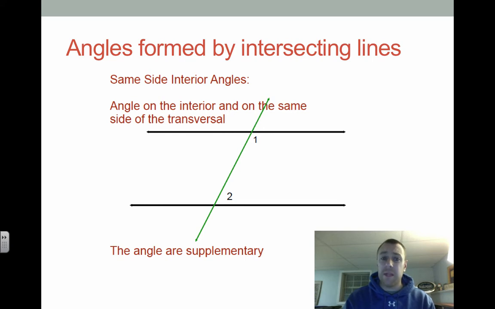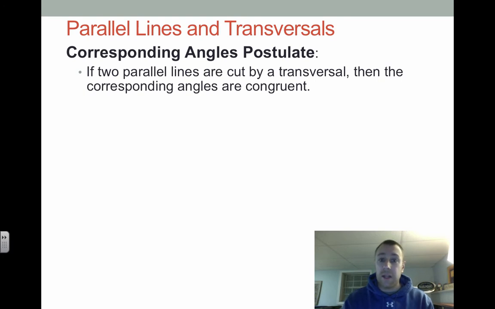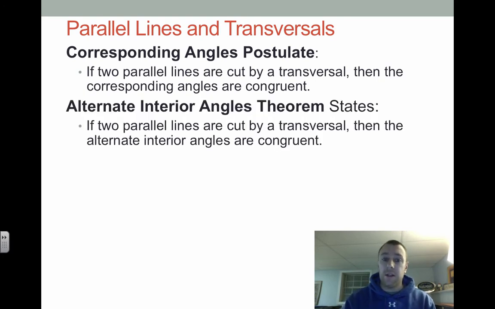And then we have same side interior angles. They're on the same side of the transversal, but inside the two lines. And those are the only ones that are supplementary. Those are the ones that add up to 180 degrees. So, corresponding angles, those are congruent. Alternate interior angles, those are congruent.